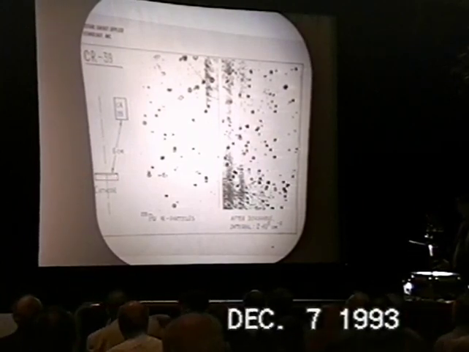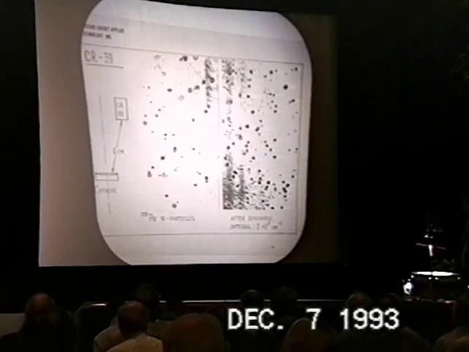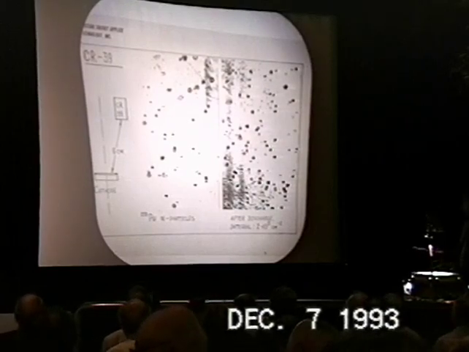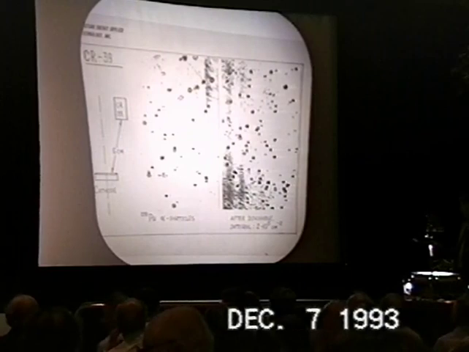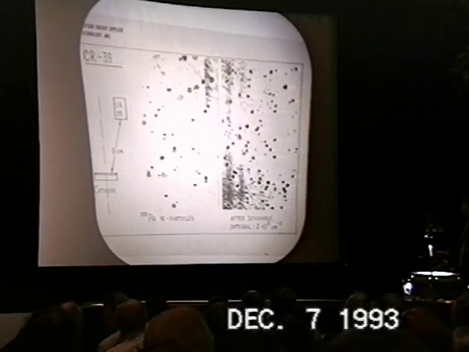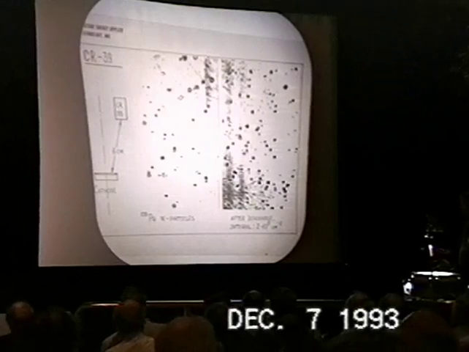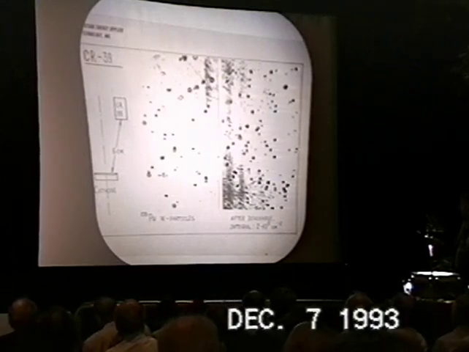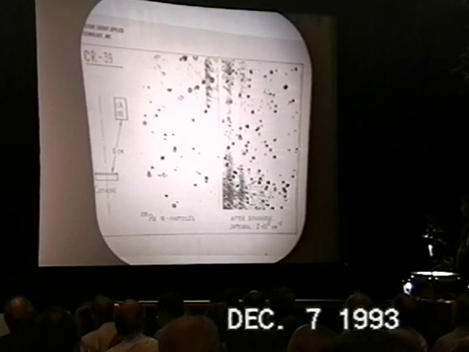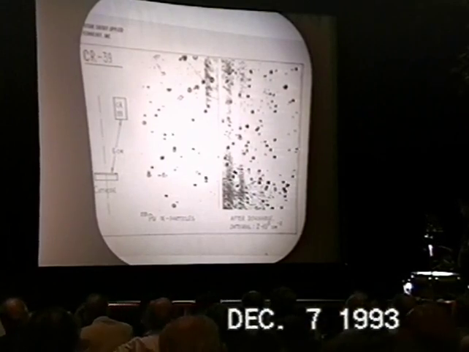This is the cathode surface. It was a palladium cathode, 100 microns thick. The distance from the cathode was 6 centimeters. And the plates were calibrated with plutonium-239 alphas. And here are the results after a glow discharge experiment.